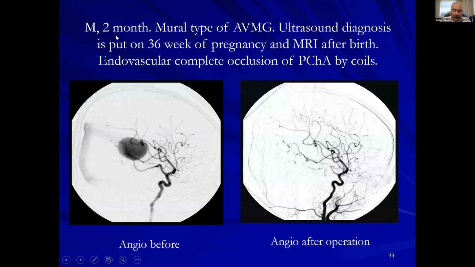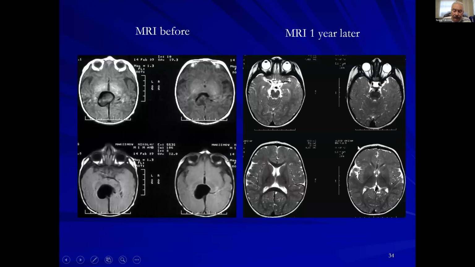This patient underwent endovascular embolization of mural type AVM. And this is the post-operative result, total disconnection of the arterial shunt. This is MRI before operation, and 1 year later.